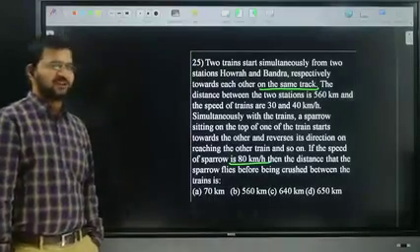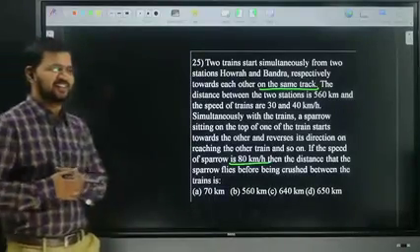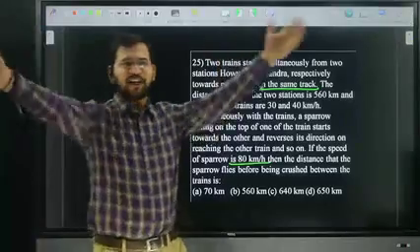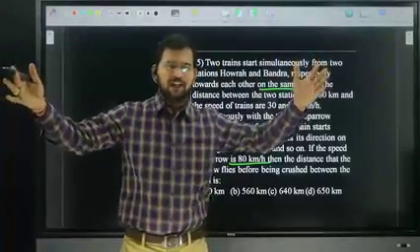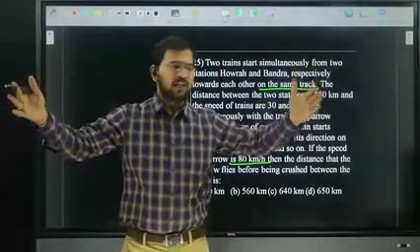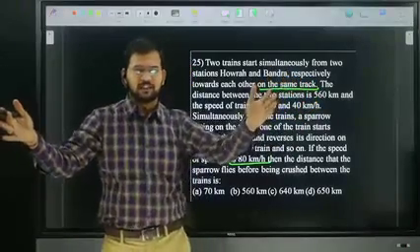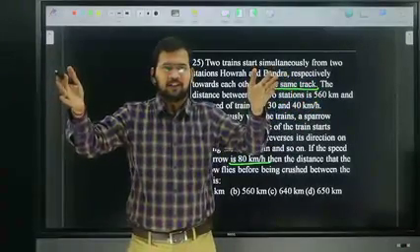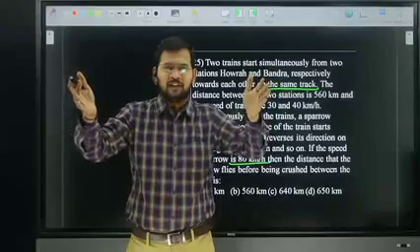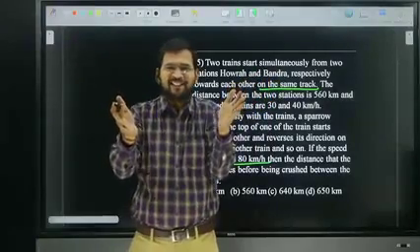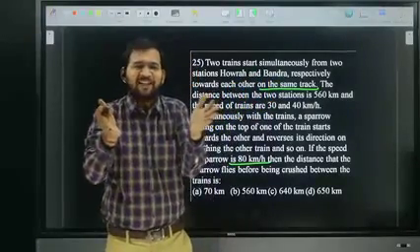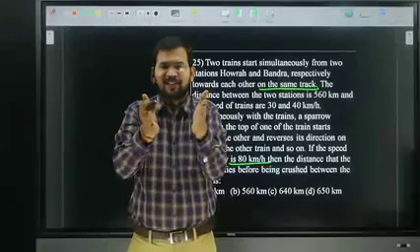All of you understood the question? This is a small situation, a small story. So two trains are there. The two trains start at two different places and travel towards each other in opposite directions on the same track, not parallel tracks. That is the thing here. Both the trains are on the same track.